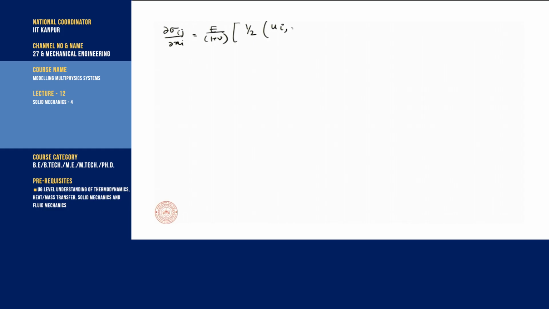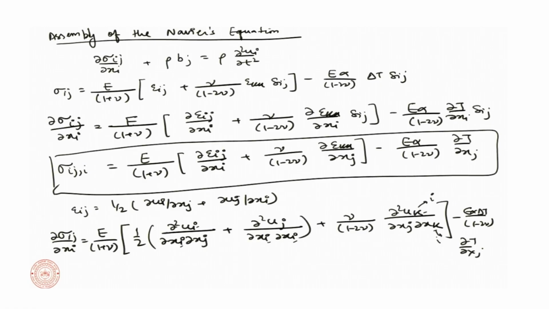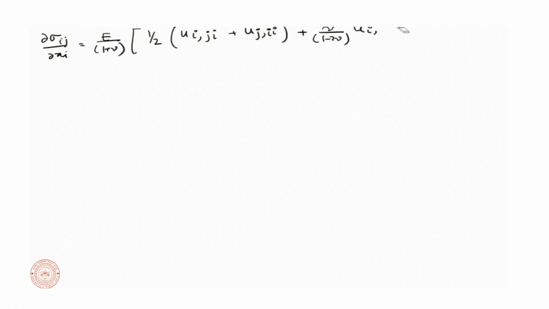I am writing it with commas now, otherwise it is becoming very cumbersome. u j comma i plus nu over 1 minus 2 nu u i comma ij. Let's see, u k, and k is repeating, or j I am sorry, minus E alpha over 1 minus 2 nu del T by del xj.